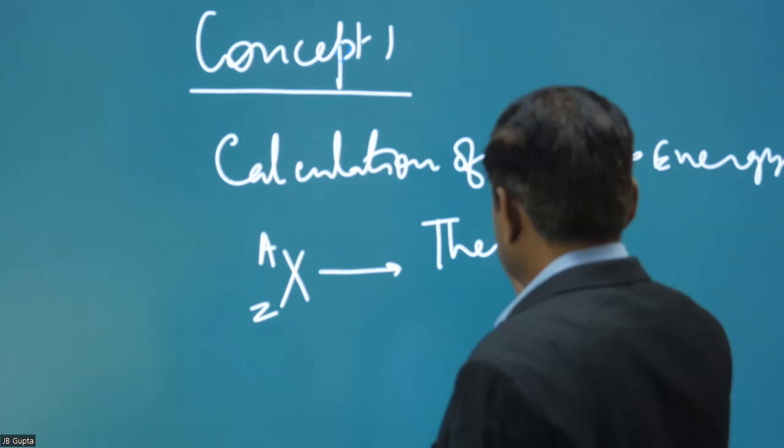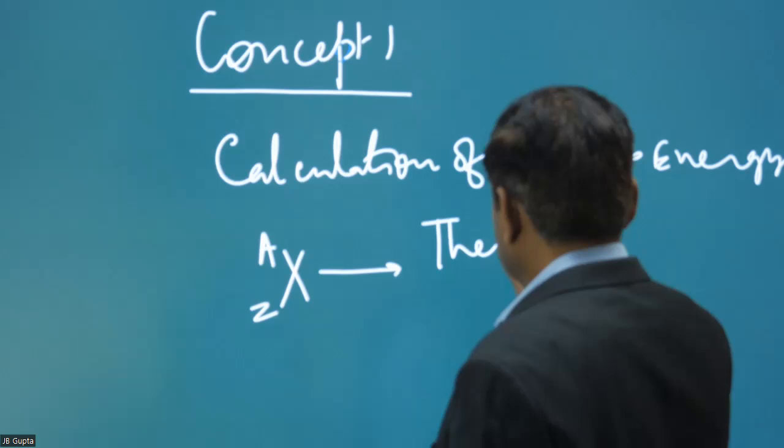And you see the value of E3 is more compared to E1 and E2. Means the binding energy per nucleon of the product is more compared to that of the reactants. So this amount will obviously be more.